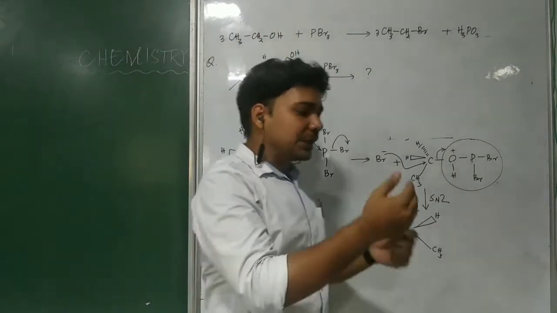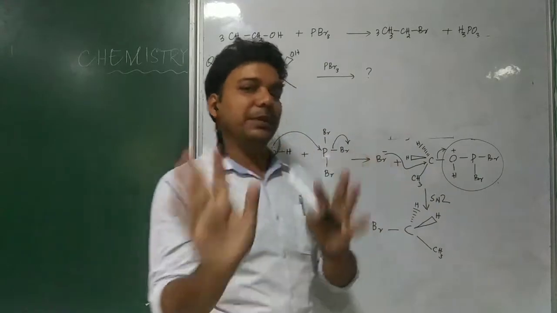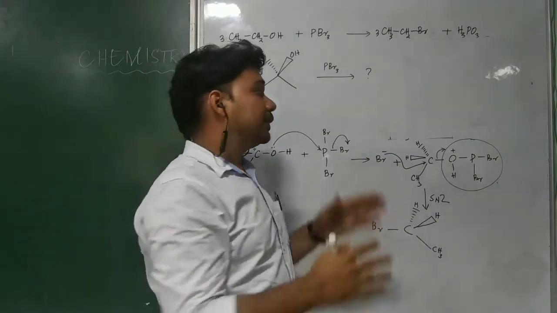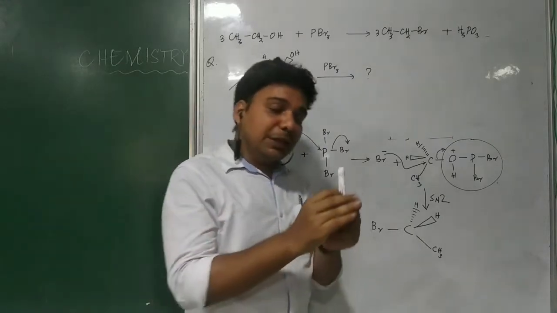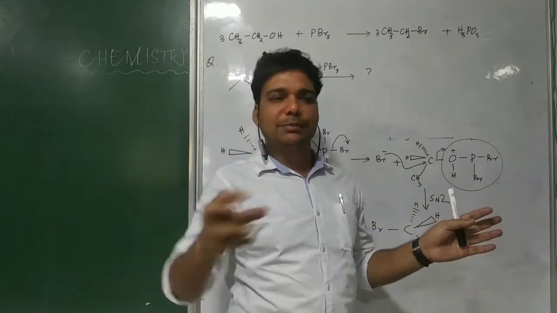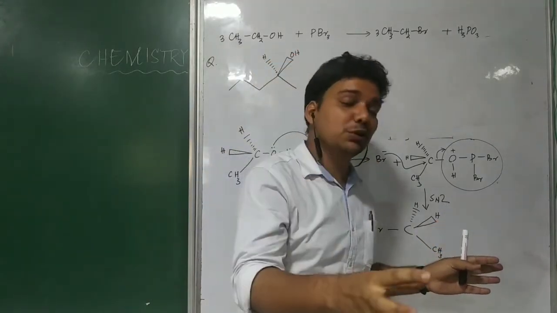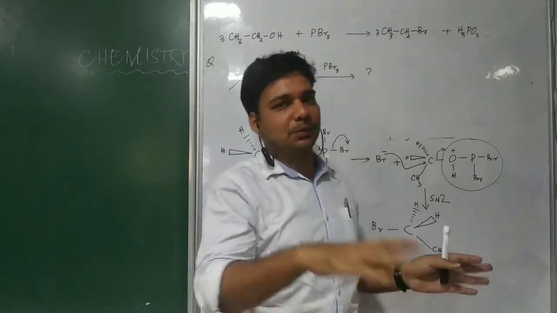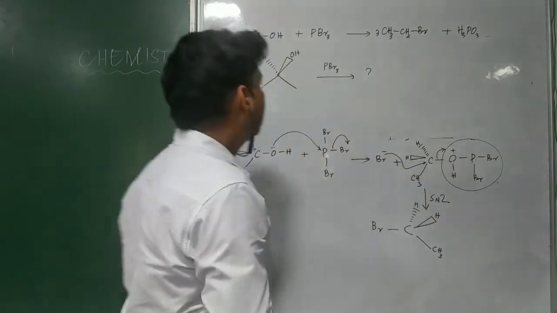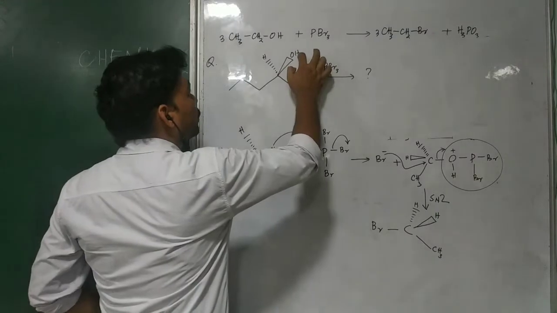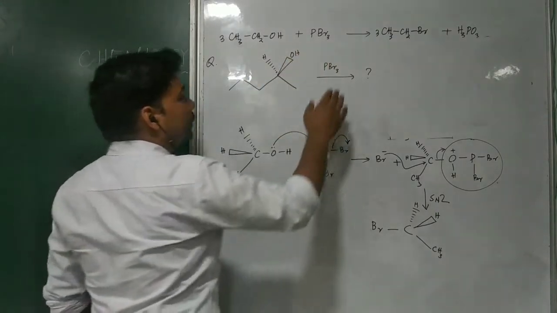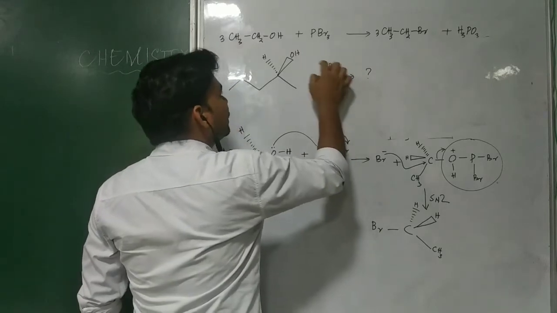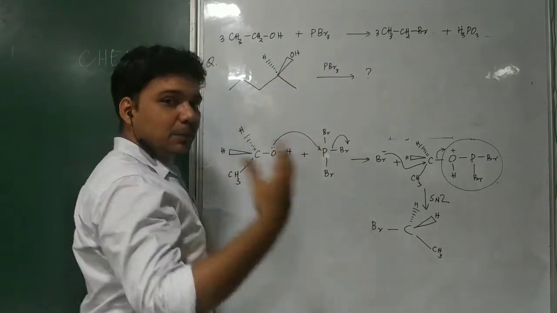These reactions do not involve rearrangement, so we need not be confused. Simply put the halide ion in the place of the OH of the alcohol. So similarly, we can put Br in the place of OH, and we get our product.